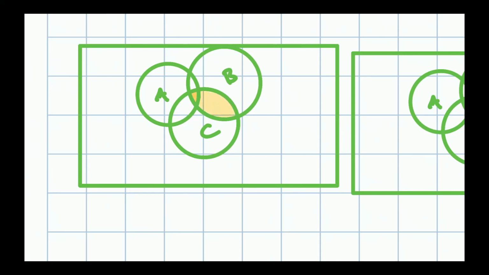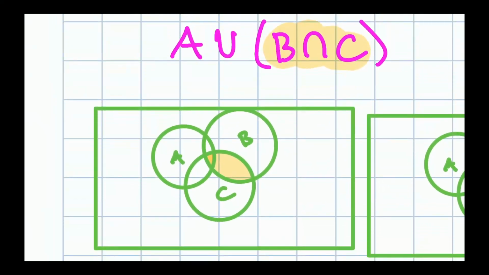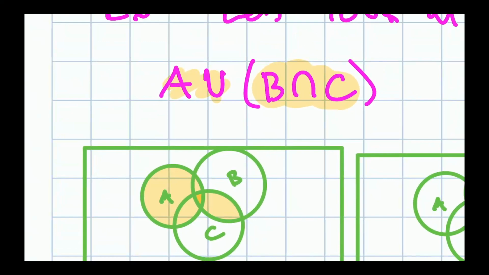That's the intersect between B and C, the overlap. Then we want to take that and union it with A. So we want to take what we have highlighted now and combine it with all of A. So we're going to take all of A and just add that in. And that's what it looks like. Okay, so what I just drew was actually all of A union B intersect C.